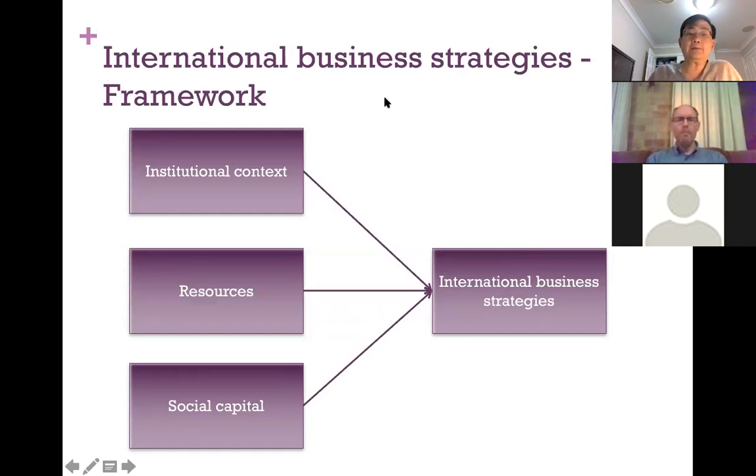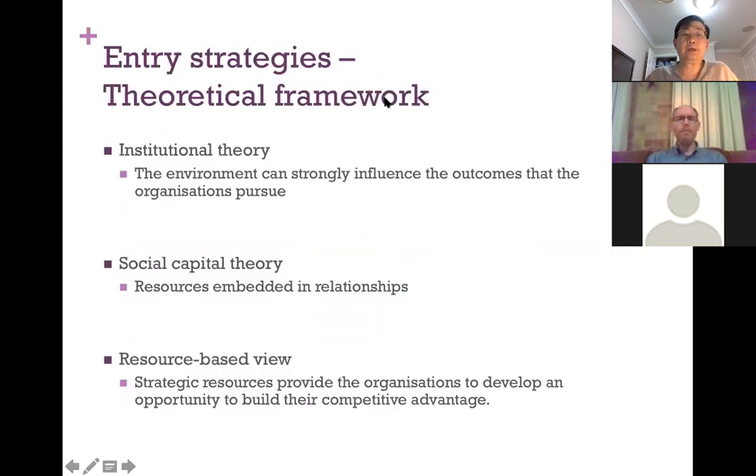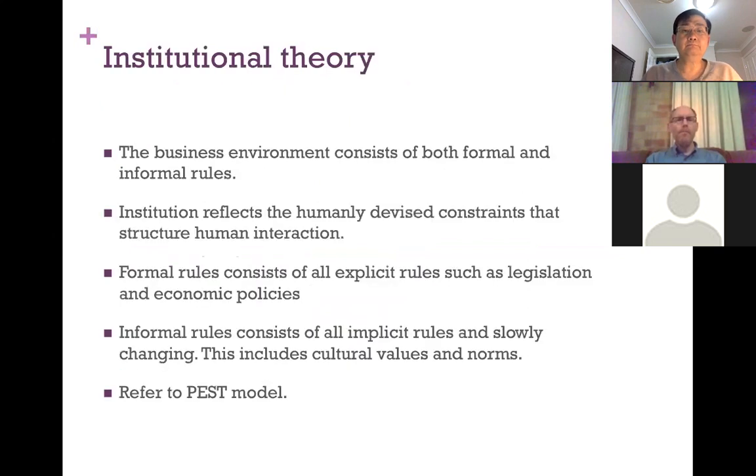Now let's have a look at the first one, the institutional context, which we just discussed. There are three frameworks that at least influence the international business strategies. When it comes to institutional theory, the business environment, as discussed before, consists of both formal and informal rules.